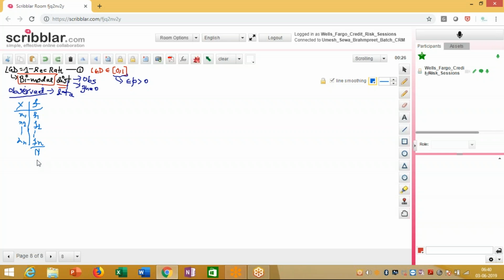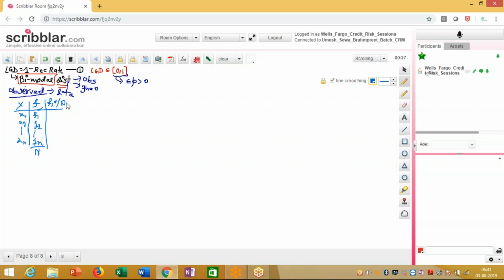Relative frequency is defined as fi by capital N. This is the relative frequency distribution of all the values of x.